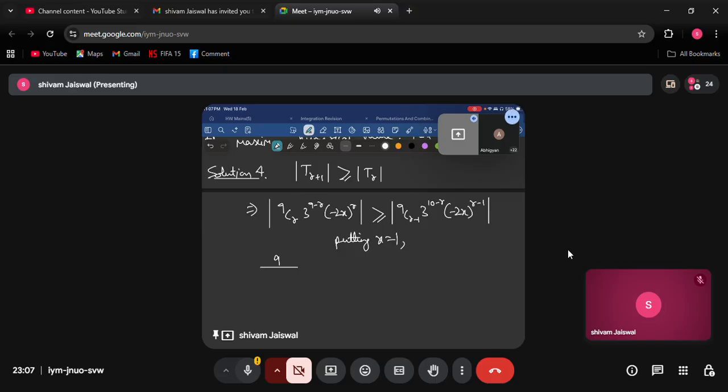So 9 factorial divided by r factorial into (9 minus r) factorial into 3 to the power 9 minus r into 2 to the power r is greater than or equal to 9 factorial divided by (r minus 1) factorial into (10 minus r) factorial, 3 to the power 10 minus r into 2 to the power r minus 1. Everyone, these two will get cancelled, and over here these two will get cancelled.